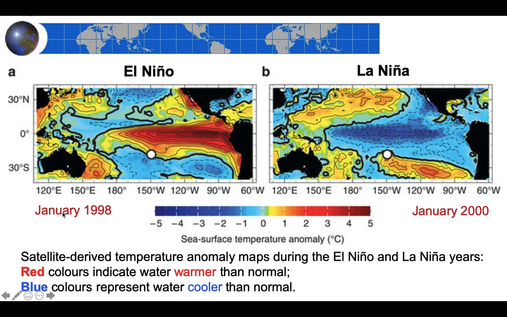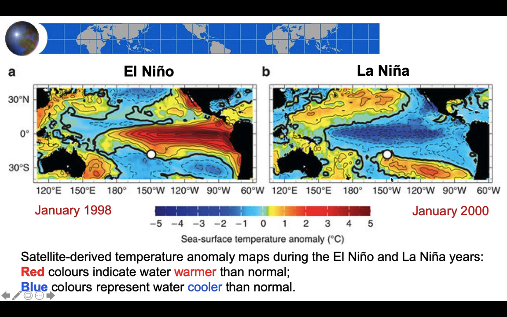And one of the worst El Nino events in recorded human history was January 1998, and that affected all the continents and all the ocean systems, corals around the world quite significantly.